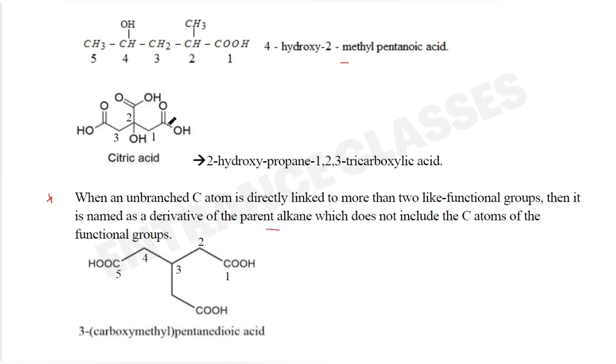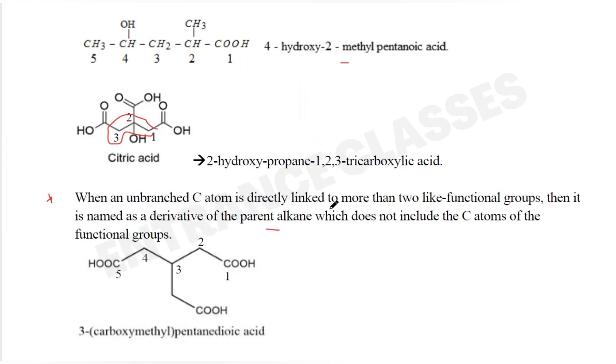Mind that this is acid. 2 position is linked to acid, 3 position linked to acid. The same functional group, unbranched carbon, linked with these three carbon centers. That's why these 3 carboxylic acids are the derivative of this main 3. So it will be 2-hydroxy propane 1, 2, 3 tricarboxylic acid.